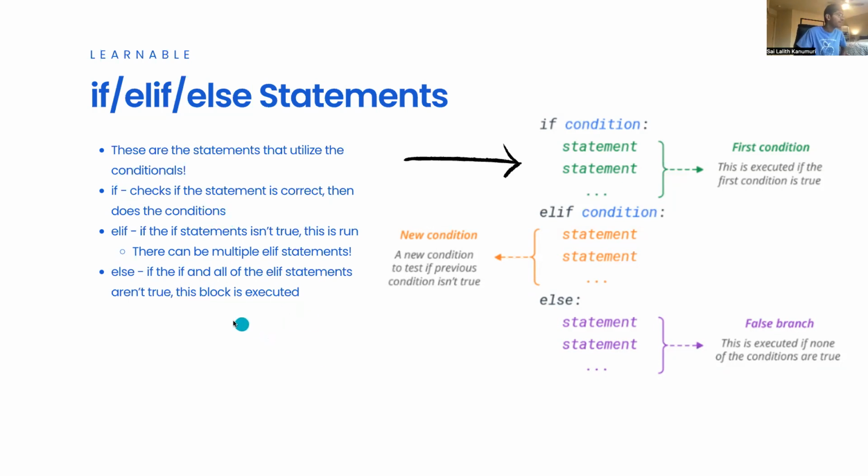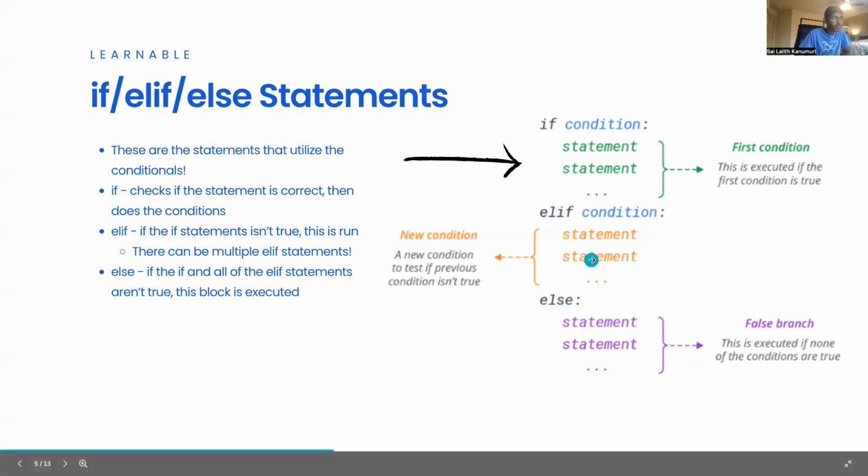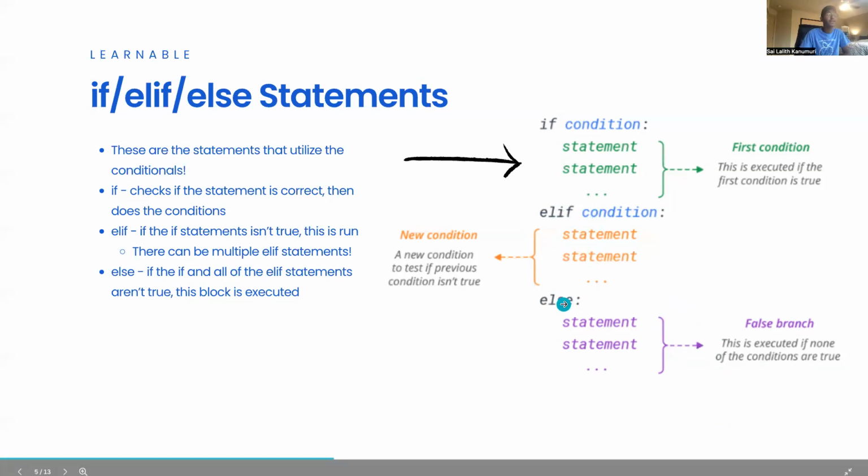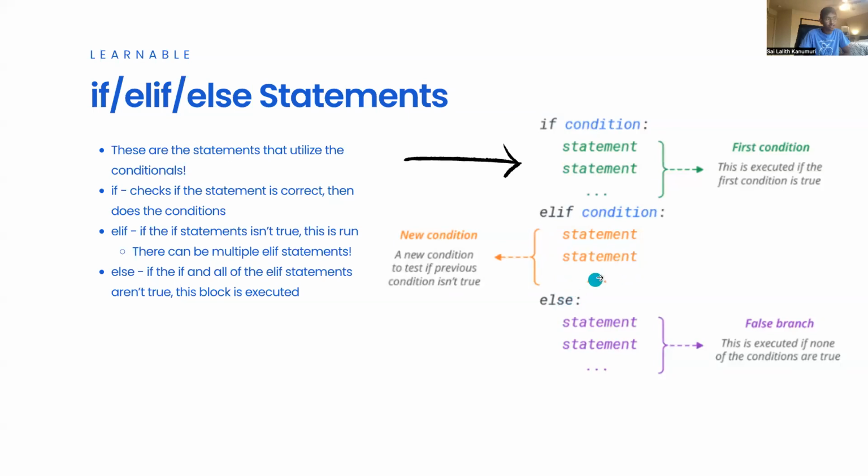Elif statement. If the if statement isn't true, then this runs. And there can be multiple elif statements. Like here, right? You can have multiple elif conditions stacked on top of each other, and each one has its own condition.